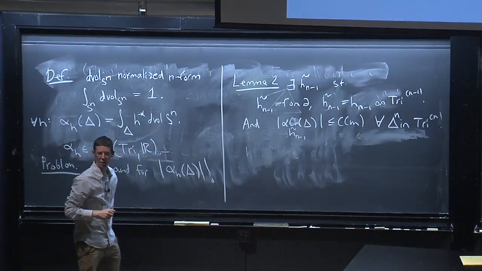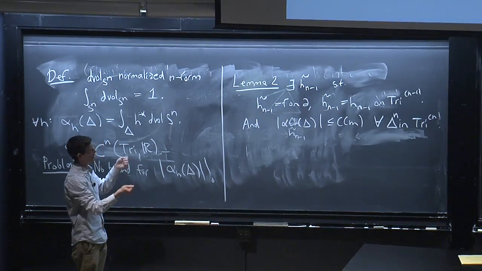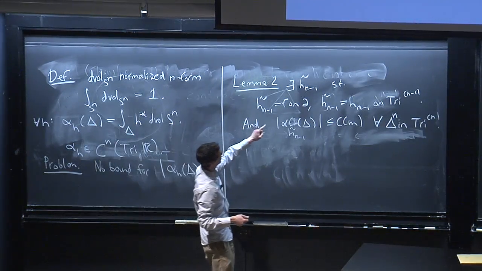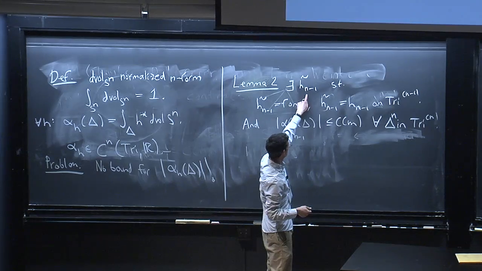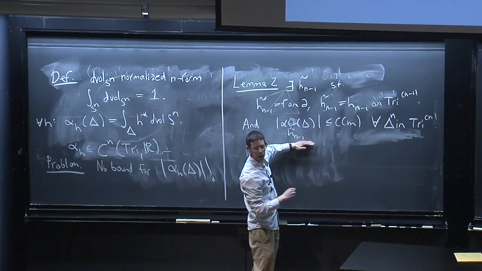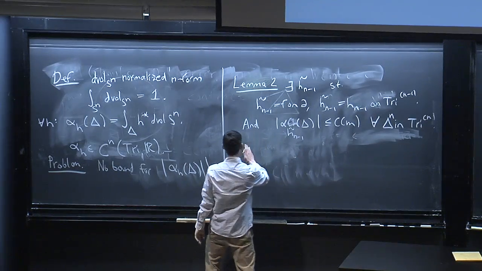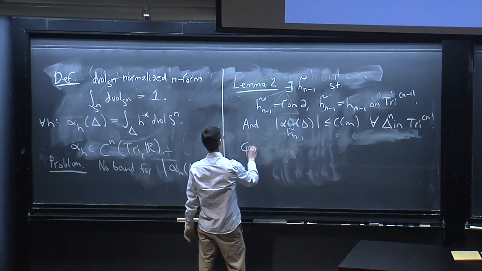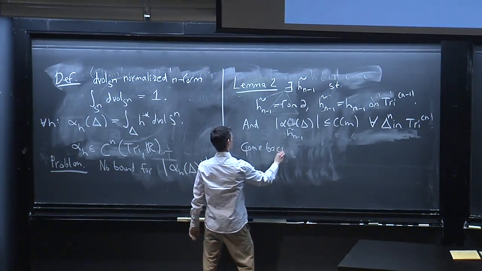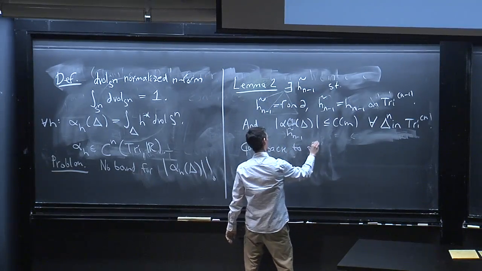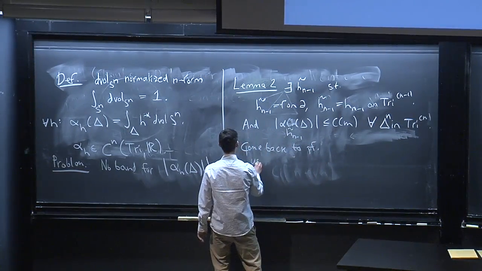So I just stated that there's some way to rig this n minus first step where these wrapping numbers are all bounded. And we'll come back to the proof of this, and it uses the Federer-Fleming stuff.